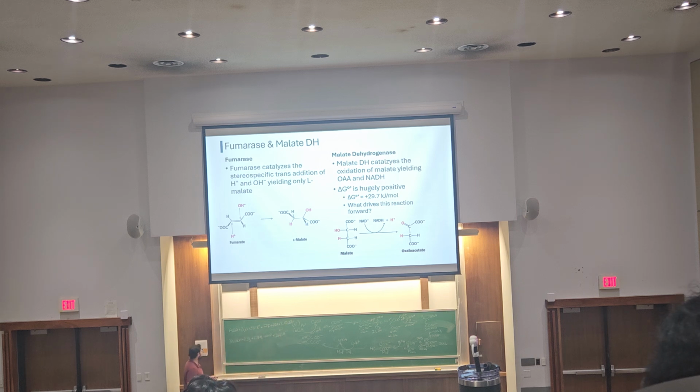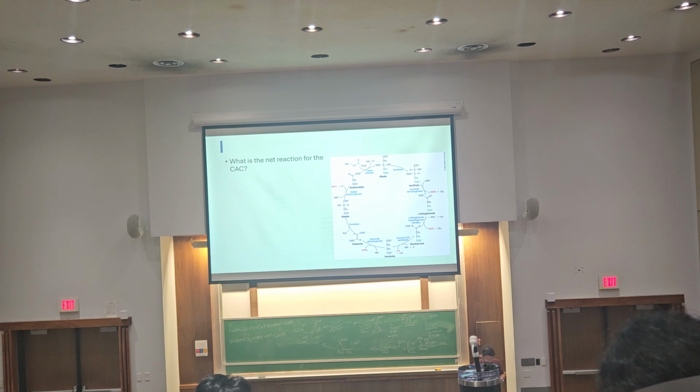So our overall reaction there is acetyl-CoA plus 2 waters, 3 NAD+, FAD, ADP, and phosphate give us 3 NADH, 2 CO2, right? So let's count the carbons. We got 2 on acetyl-CoA, 2 on carbon dioxide, so we're good for the carbons, and FADH2 and ATP, and that's it, right? So this is the net, non-catalytic part of the citric acid cycle, right? Which is this guy right here.